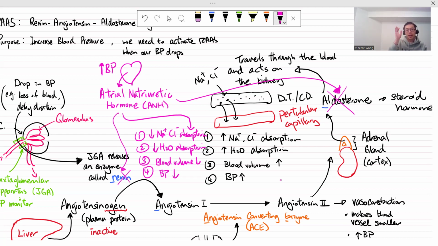So essentially, ANH is going to turn off the RAS, and at the same time it's going to encourage you to pee out more water. And together, these actions are going to lower your blood pressure.